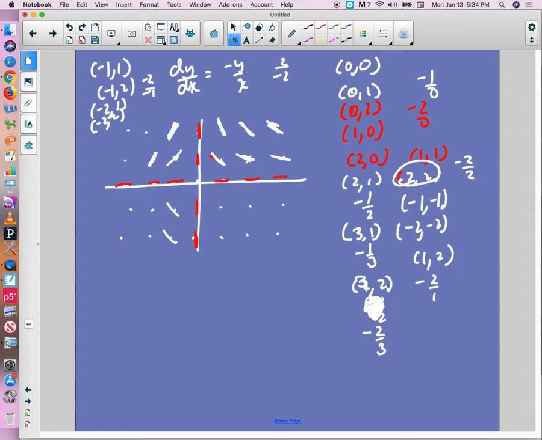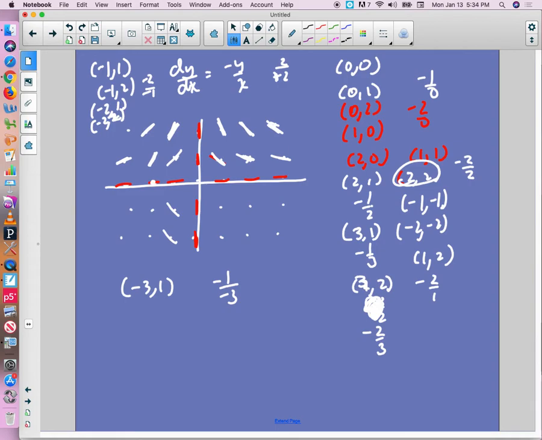Oh, (-2, 2), so this is positive, so this would give me 1. That's why I'm saying don't do it in your head. I'm having trouble even not doing it in my head. (-3, 1) will give me negative 1 over negative 3, or 1/3. All right, so it's positive, but kind of level.